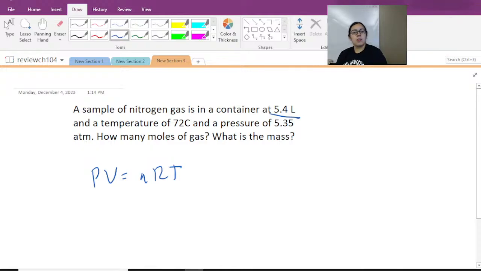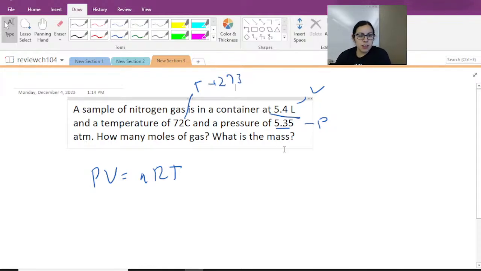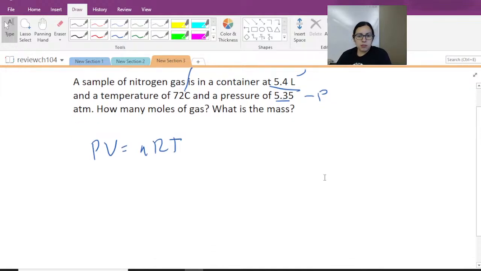Let's see. We have pressure. So this looks good. Volume, pressure. And then what's the caveat with temperature? Excellent. So then we have to add 273 or 273.15, depending how you're feeling. And then what was R?